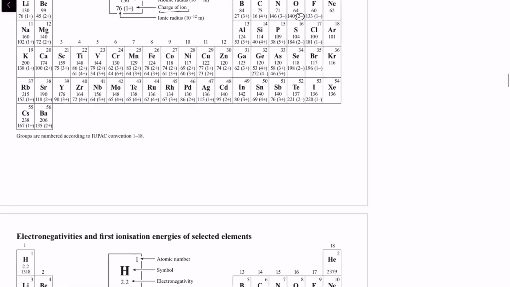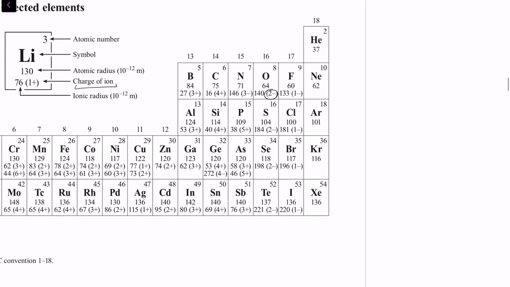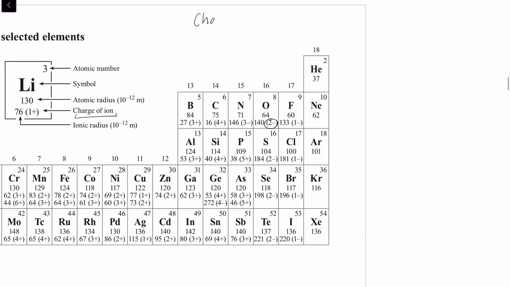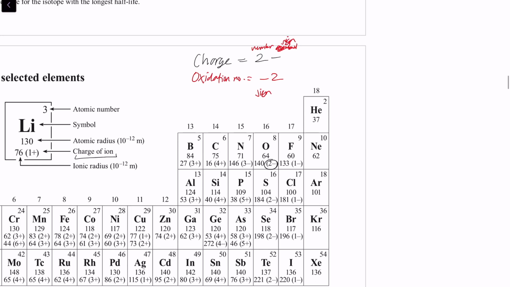So that's the charge. In charges, we put the number first and then the symbol. But for oxidation number, we put the sign first. Sorry, it's meant to say sign. And then the number.